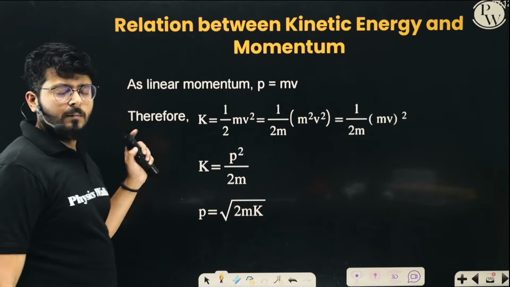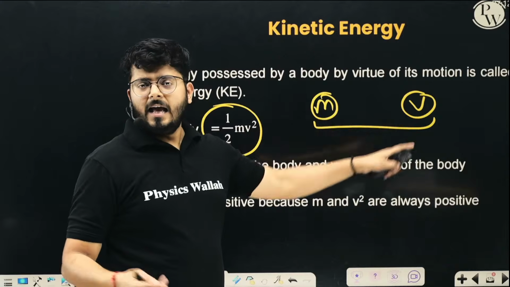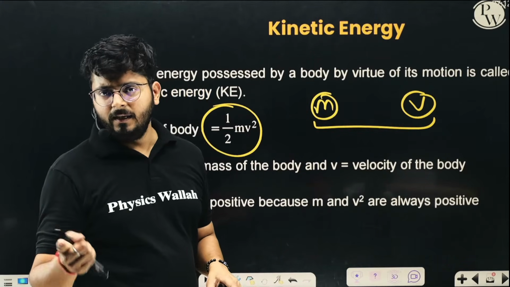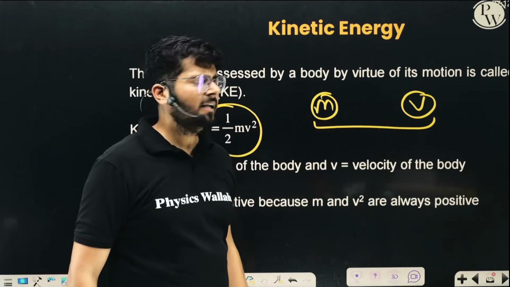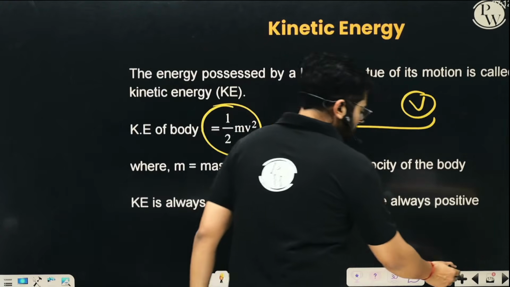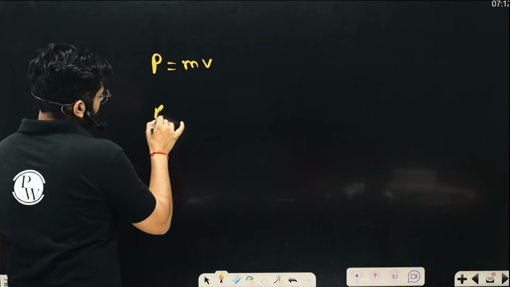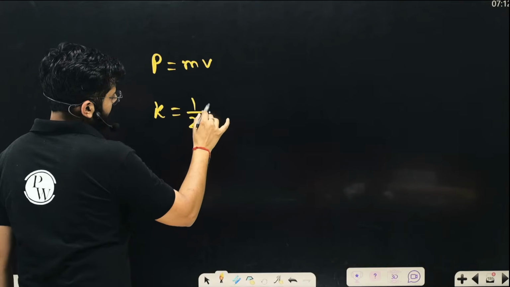Now, there are multiple instances because kinetic energy depends on mass and velocity. And there is one more quantity, which is a vector quantity, that also depends on mass and velocity. Kinetic energy depends on mass and speed, I should say. We can relate these two things. Momentum is mass times velocity. Kinetic energy is half mv square.